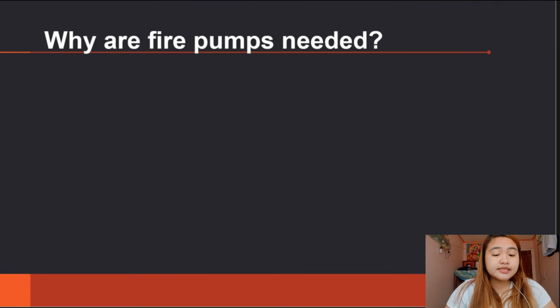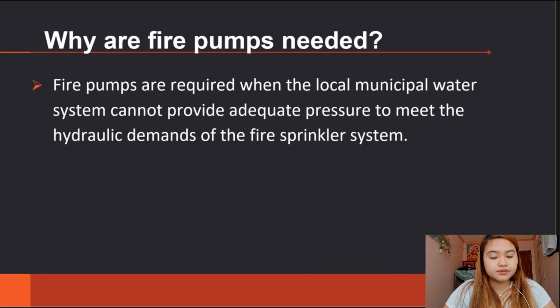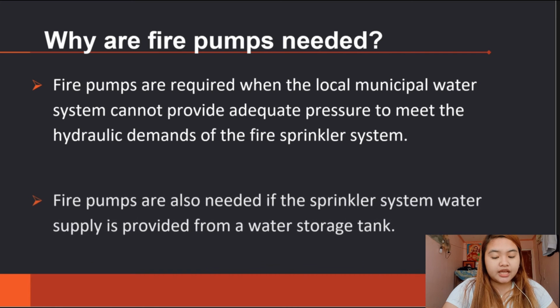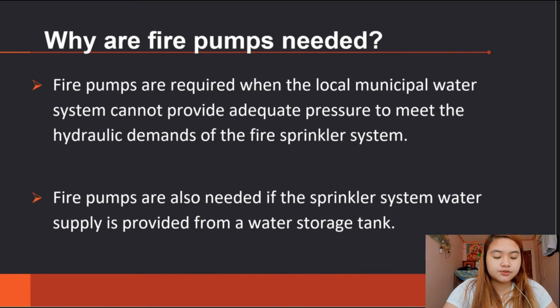So why are these fire pumps needed? First, fire pumps are required when local municipal water cannot provide adequate pressure to meet the hydraulic demands of the fire sprinkler system. And fire pumps are also needed if the sprinkler system water is provided from a water storage tank.